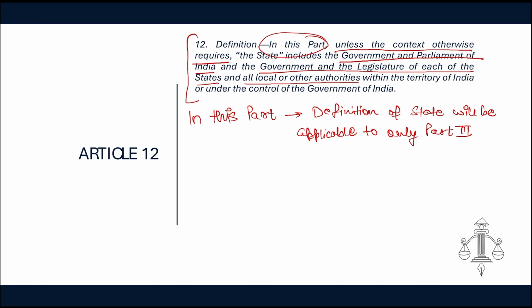Now let us move on to what the term state actually means. If you see, I have underlined four things here. First is your Government of India and Parliament of India. I am writing it as POI.